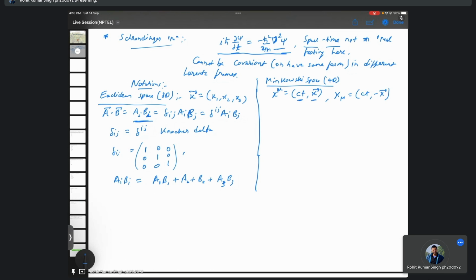These two vectors transform in different ways under Lorentz transformation. The first one is called contravariant, and we will see in a while how they transform, and this one is called covariant.